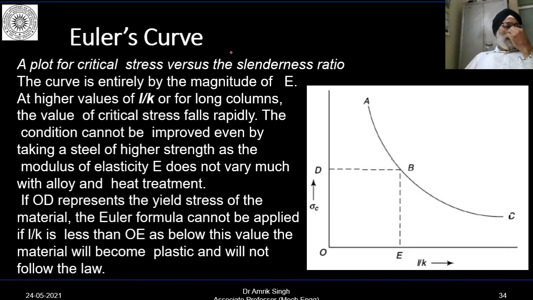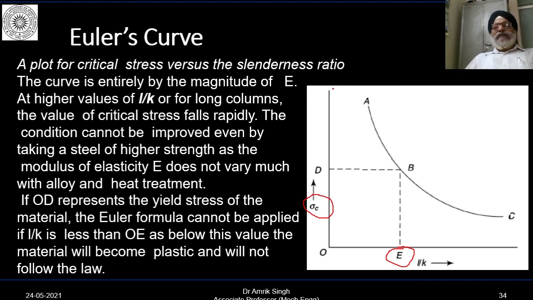In order to understand this, we draw a curve of the above equation, which is known as the Euler curve. It is ABC, and you see this is the threshold. At this point D, this value is sigma c.